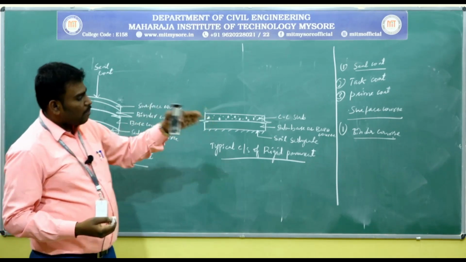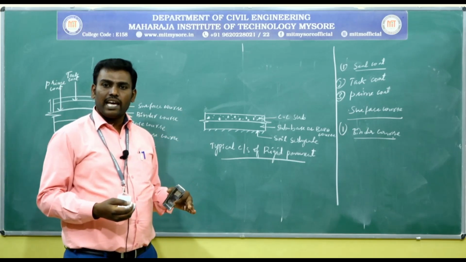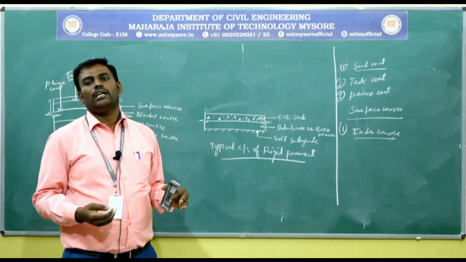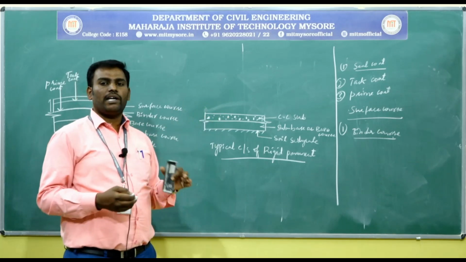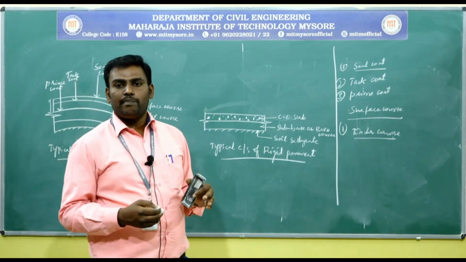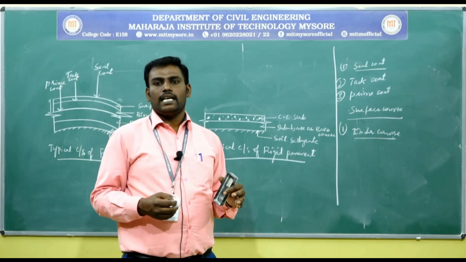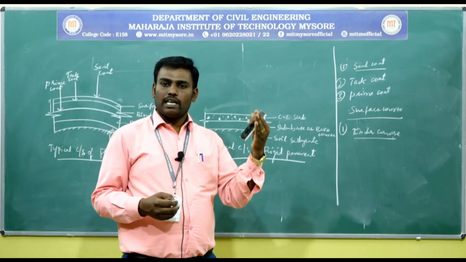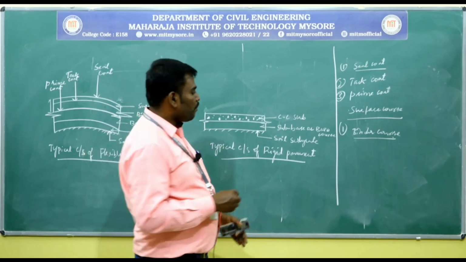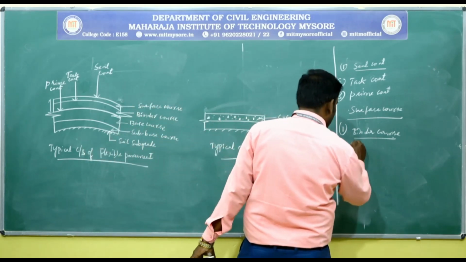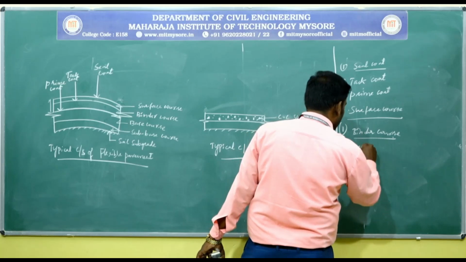By providing the binder course bituminous layer, we can save the cost of construction. But the major function of the binder course is to distribute the stresses coming from the surface course to the base course. Okay, next it is the base course.